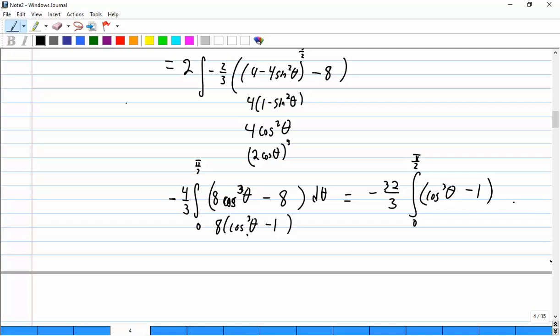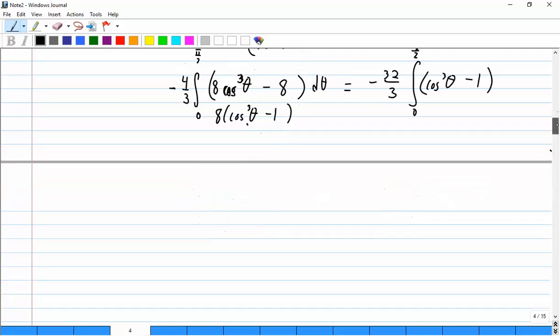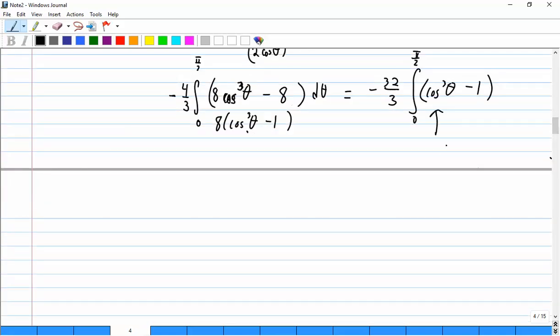How about we treat that like two different integrals? For this right here, that's cubed. That could be cosine theta times cosine squared. That's what Elijah was talking about. And then cosine squared is 1 minus sine squared. So you'd have 1 minus sine squared times cosine, and then you have minus 1 over there.